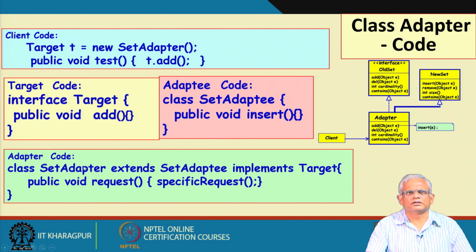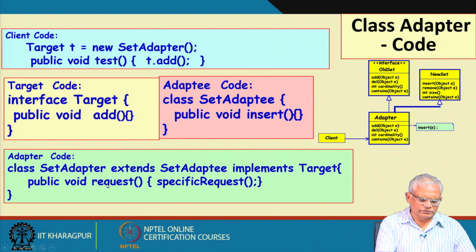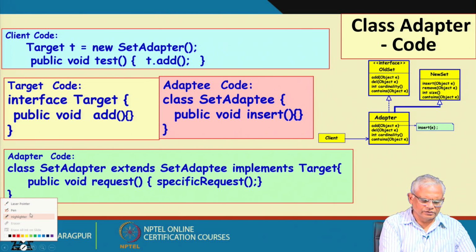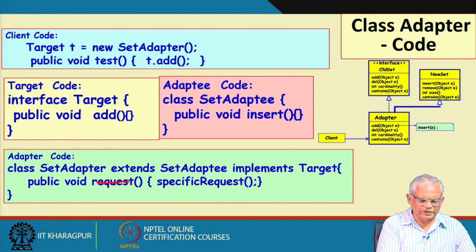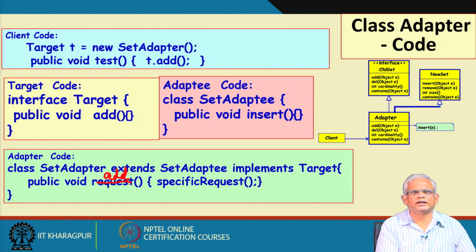The adapter extends adaptee and implements target, and we need to provide the implementation of the methods of the target. So, here it should be add. Whenever add is called here, we will call insert.